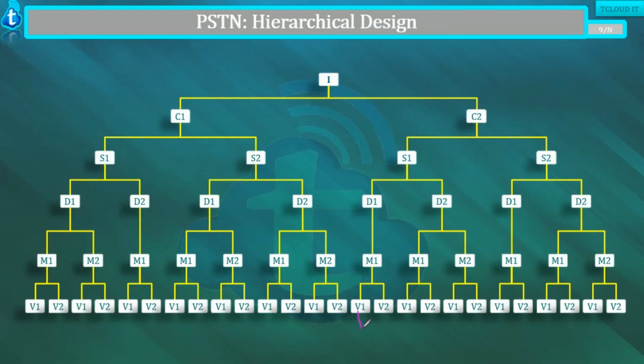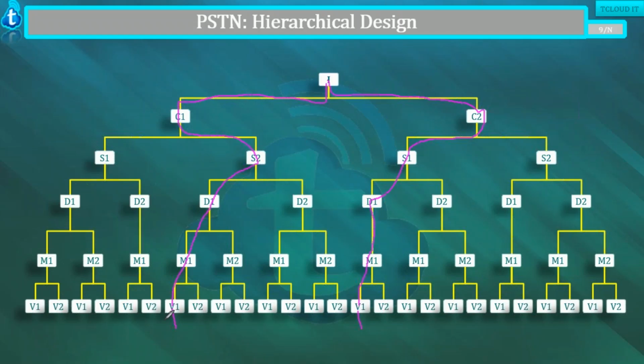For example, there could be a device here which would like to make a call to a device here. Obviously, it goes to mandal level, district level, ends up at state level, country level, and finally it has to go to international level, because both these exchanges belong to two different countries. Then it comes over here, to state 2, then district 1, mandal 1, and then we reach village 1 and that particular end device.